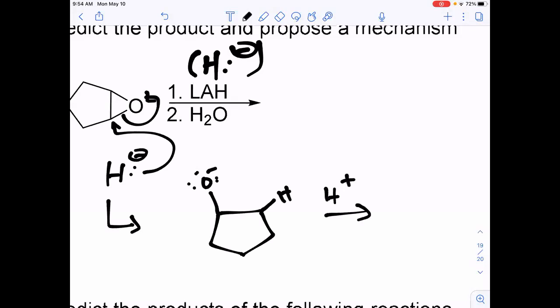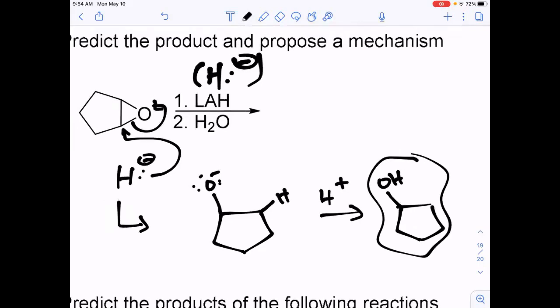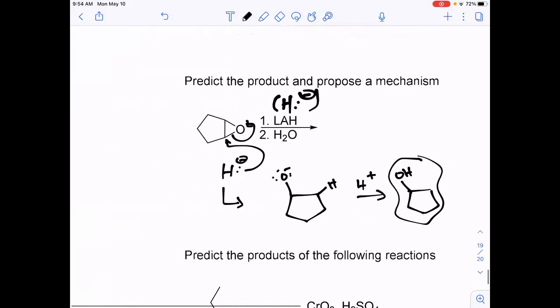That's what the water is for, just to quench it. Right, so that would be the final product from that. You opened it with LAH, and then you quenched it with water to get that alcohol.